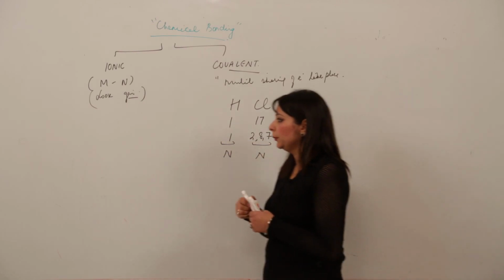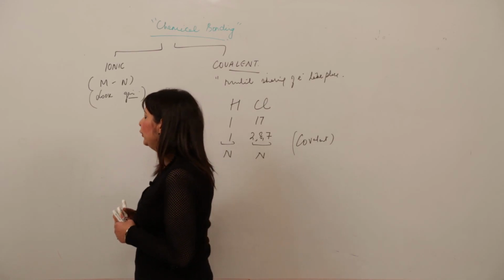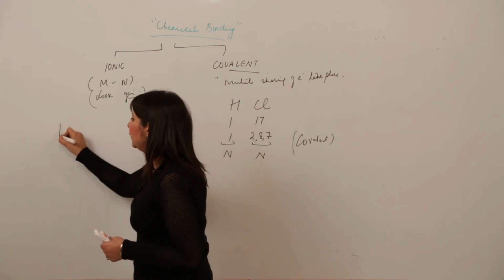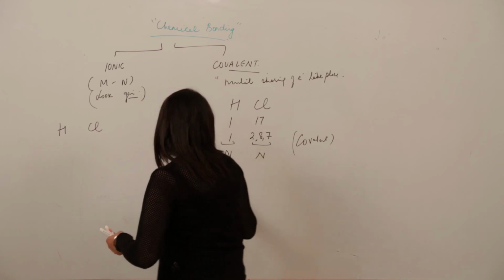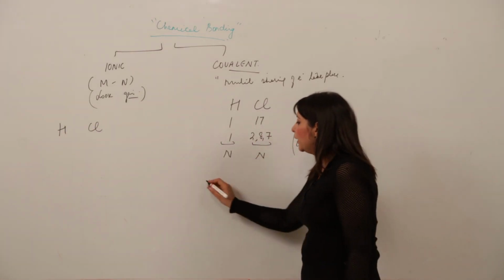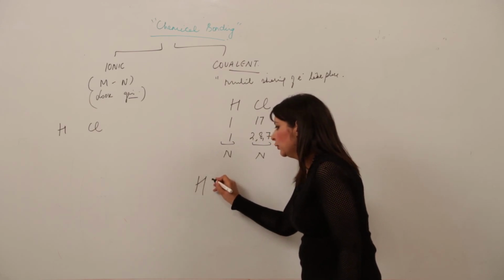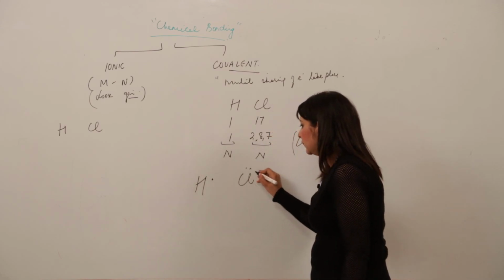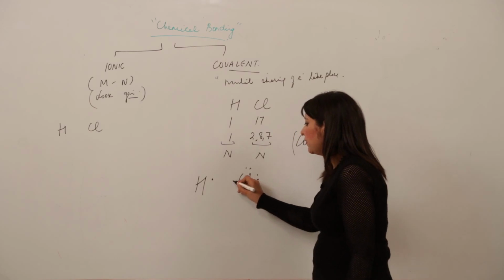Now how is it formed? I am taking an example for you. Suppose we take a bond formation between hydrogen and chlorine. I am doing it here, just look at the board this side. So hydrogen has 1 electron and chlorine has 7 electrons.